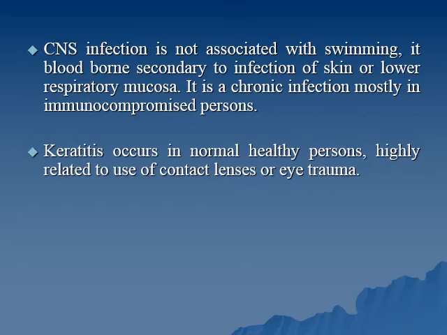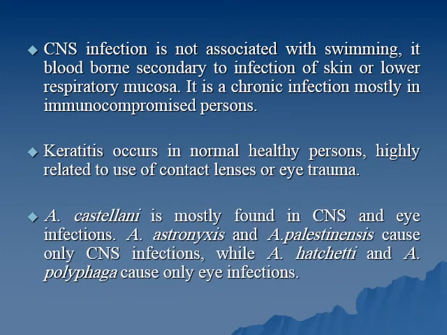Keratitis occurs in normal, healthy persons, highly related to the use of contact lenses or eye trauma. And Acanthamoeba castellani is mostly found in the CNS and eye infections the same.